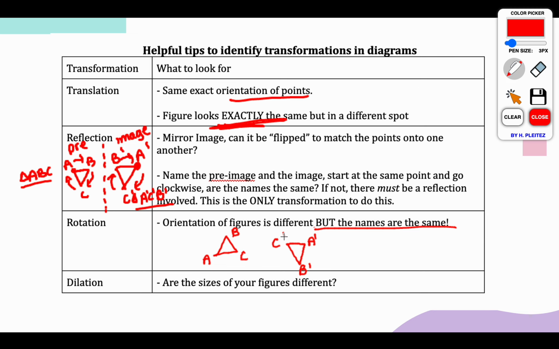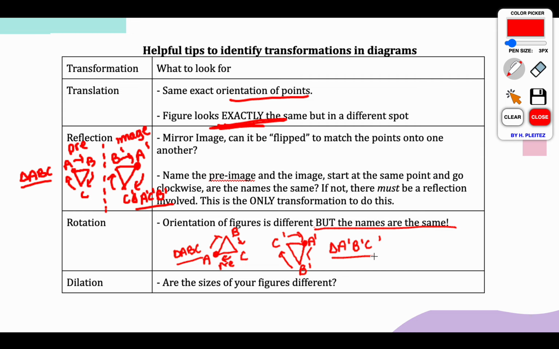But if we name our pre-image over here, if we pick a point A here and we go clockwise, we can name this figure triangle ABC. Now if we pick A prime over here and we go clockwise again, we get triangle A prime, B prime, C prime, right? So you can see the order of the vertices is staying the same. So that's another giveaway, right? If the orientation looks different but the names are the same, you know that you have a rotation.